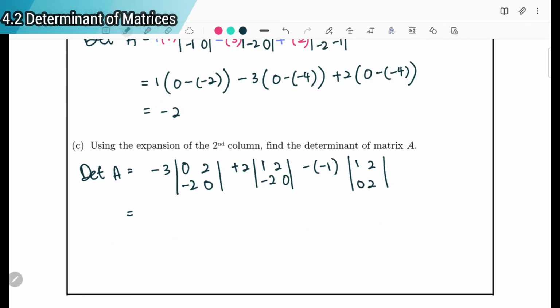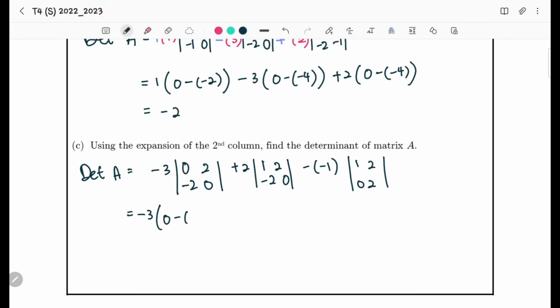Okay. So let's find the determinant of the submatrices. So 0 minus negative 4 plus 2 times 0 minus negative 4 plus 1 times 2 minus 0.